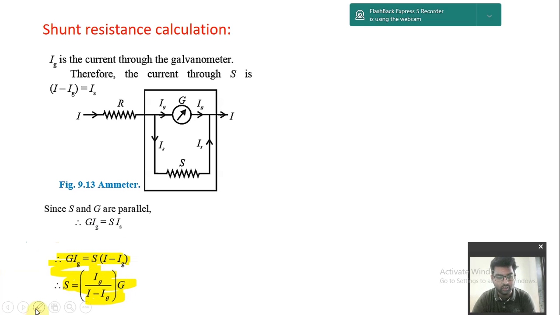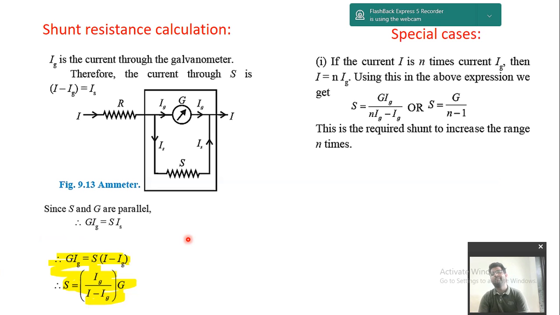Now here come two special cases. The first one is if the current I in the circuit, that is the total current, is N times the Ig, the full deflection current of the galvanometer. Suppose Ig is 1 milliampere and the I that is flowing is 10 milliampere, then I is 10 times Ig and I want to find the shunt resistance.